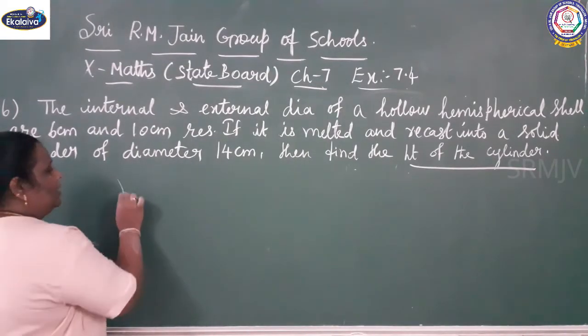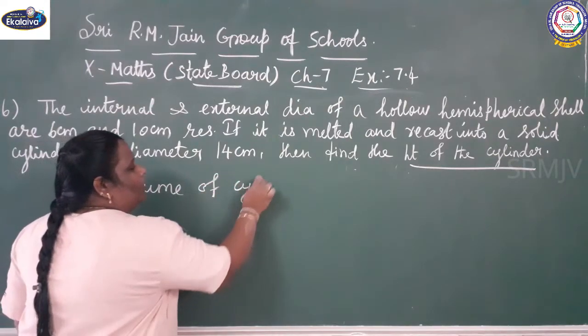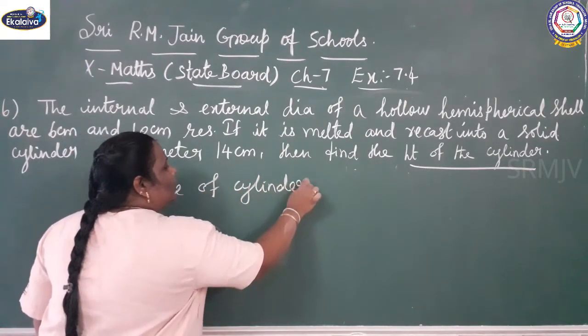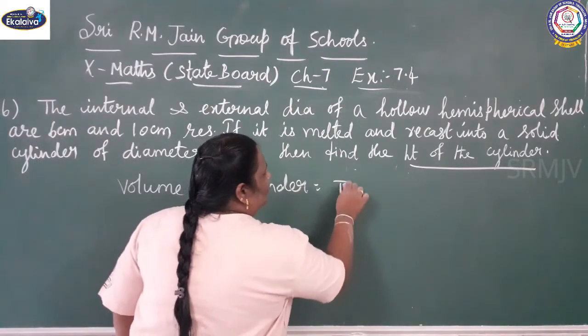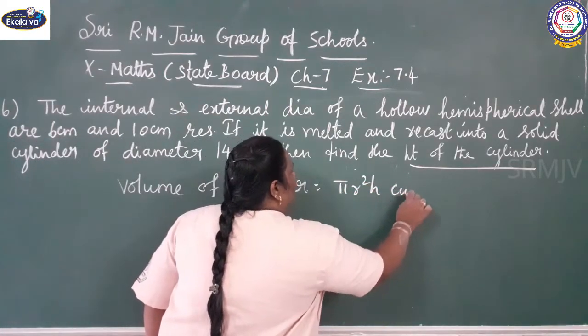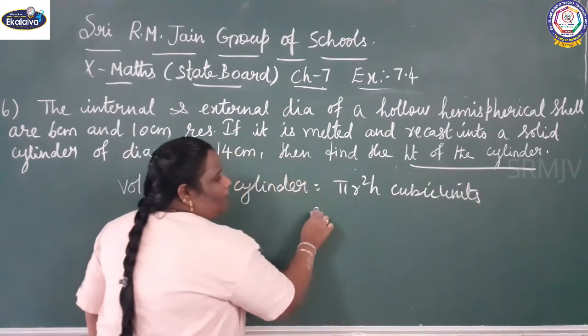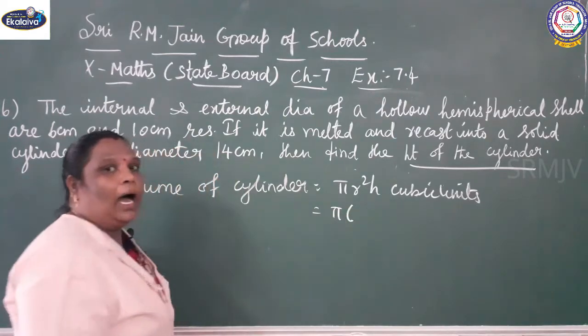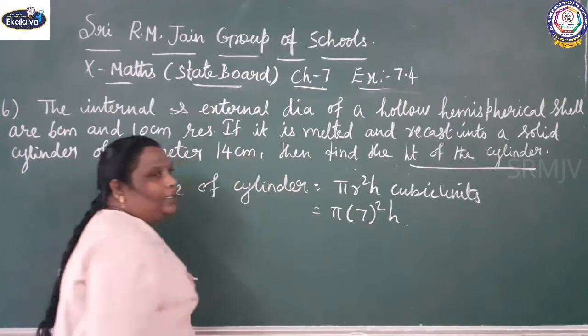See, volume of cylinder. What is the formula for volume of cylinder? Volume of cylinder equal to pi r square h cubic units. Pi into radius, r is 7, square, into h.